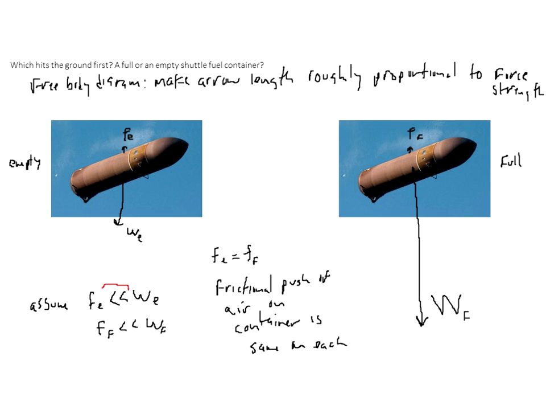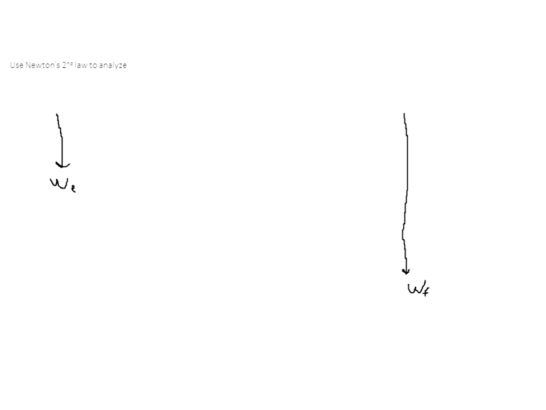If you've never seen that symbolism before, this means much less than. All right, so Newton's second law says the net force, and so it uses that. I was just taking a quick look in the book. Sometimes they use this Greek summation sign.